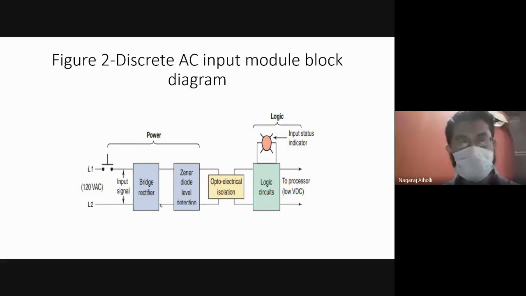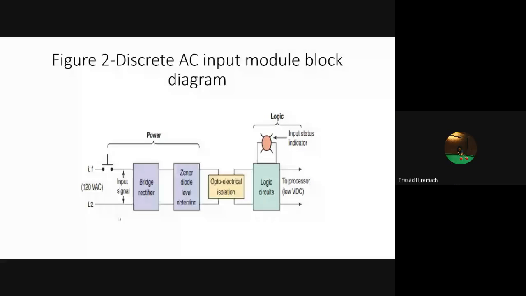Now, what is a bridge rectifier? What is a rectifier, students? You have studied in your electronics subject in your first year. What is a rectifier circuit? Anybody remembers? How many types of rectifiers are there? Yes, it converts AC signal to DC signal.